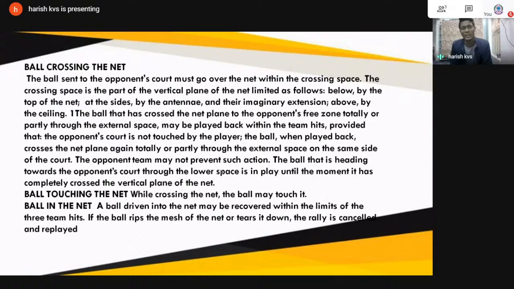So the ball in the net aspect is explained this way: the ball which is driven into the net can still be sent into the opponent's court with the remaining two passes.